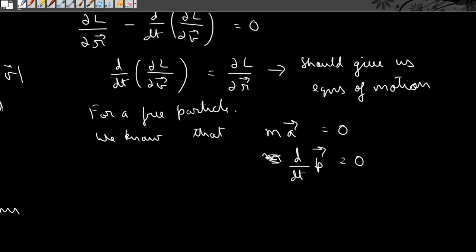Now since L doesn't depend on r, this term is going to be 0. Let's compare this. So d by dt of dou L by dou v must be 0.